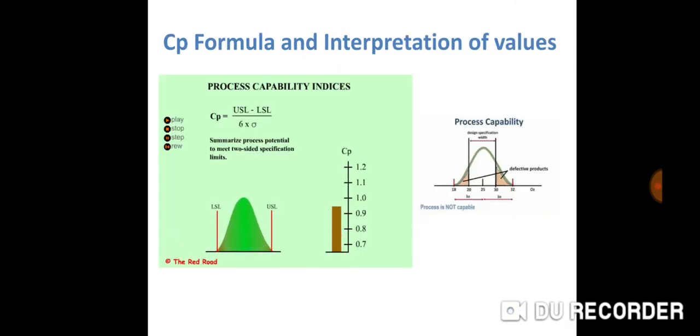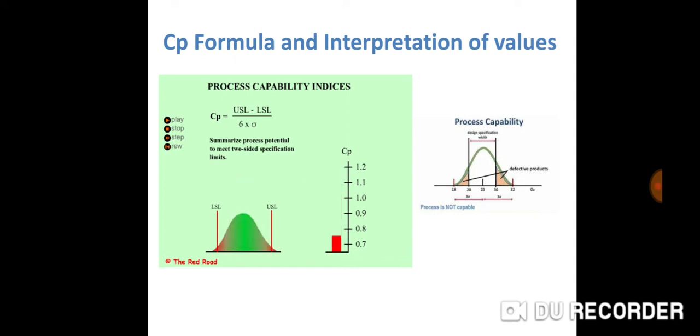In this example, the Cp formula, as you all know, is USL minus LSL by six sigma. You can see in this chart 0.7; anything less than 1 means the process is not capable, so it may end up producing more rejections and more defective products.